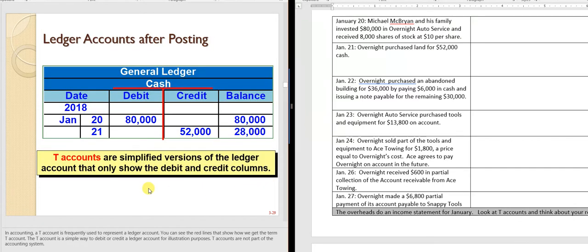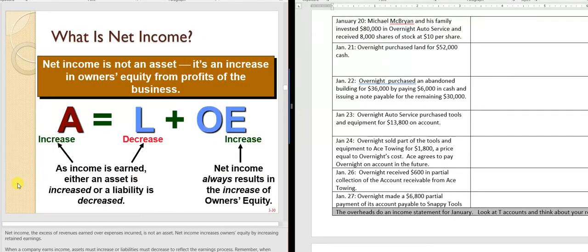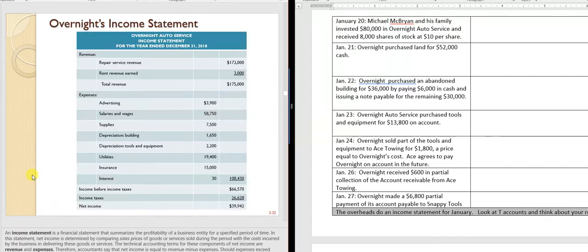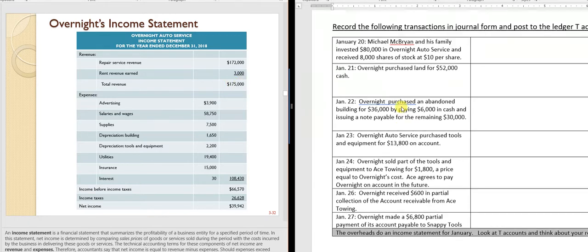Okay, so this shows you that the T accounts are basically a simplified ledger. The overheads do an income statement. So look at the T accounts and think of what your revenues and your expenses have been. I don't think we have everything to do this.